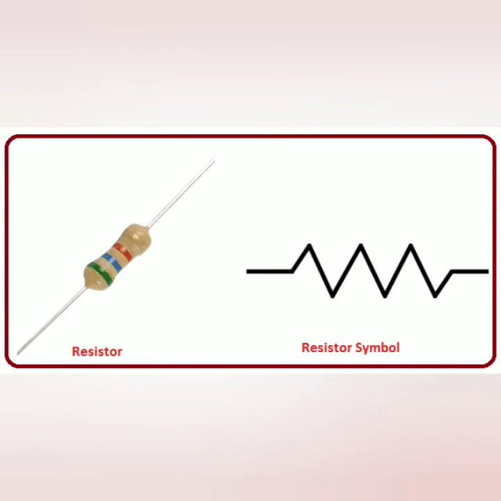More is the resistance, more is the opposition offered for the flow of charges, and less is the current. And if less is the resistance, less is the opposition offered for the flow of charges in a circuit, and more is the current. So resistance and current are inversely proportional. Hence, resistor can also be termed as a current limiting component in an electric circuit.